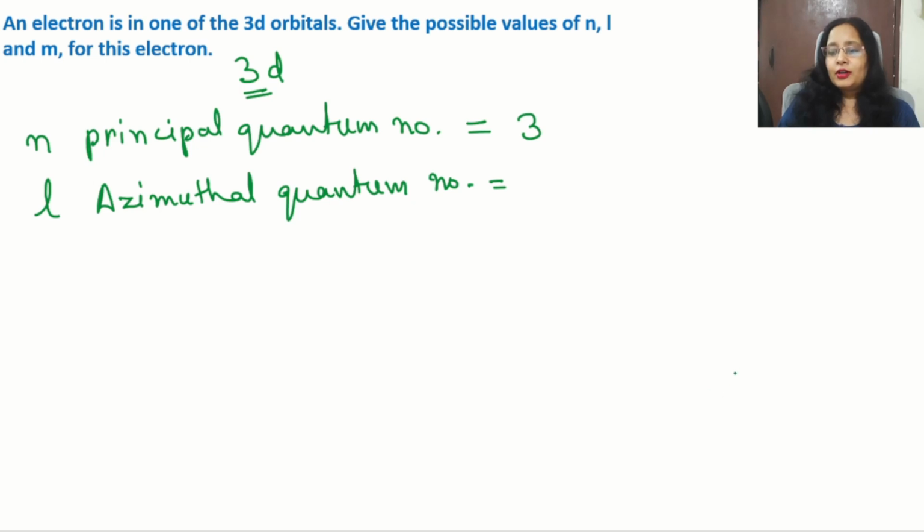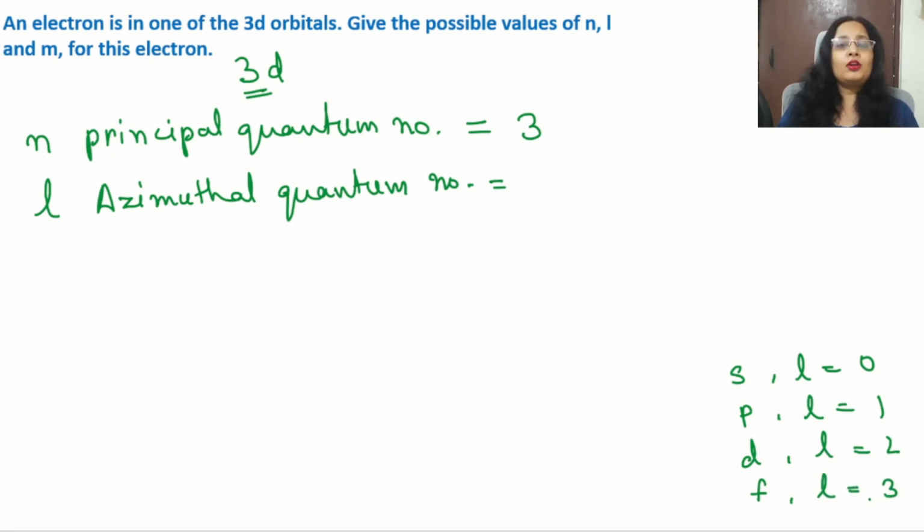So for s, the value of l is 0. For p, the value of l is 1. For d, the value of l is 2. And for f, the value of l is 3, and so on we can move.